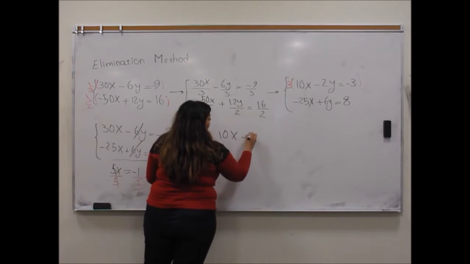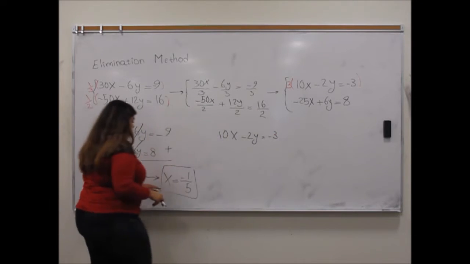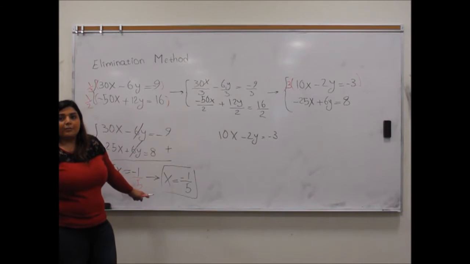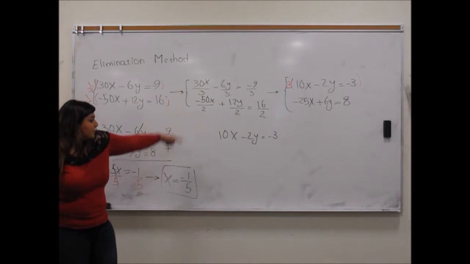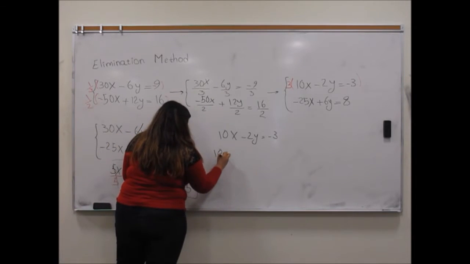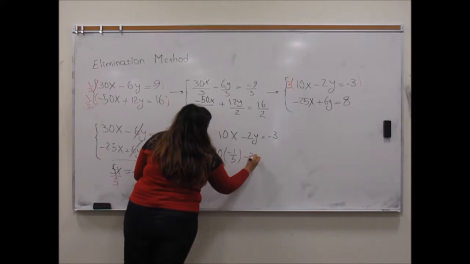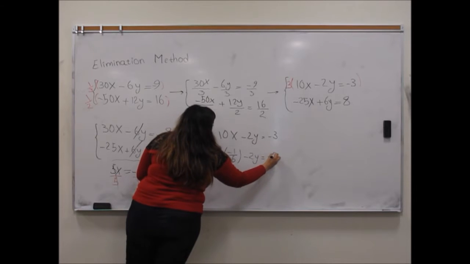I have 10x minus 2y equals negative 3. I have x equals negative 1/5, so I'm going to plug that in instead of x right there. So 10 times negative 1/5 minus 2y equals negative 3.